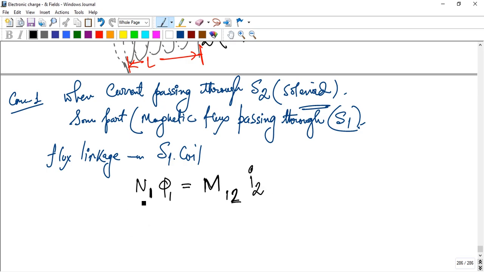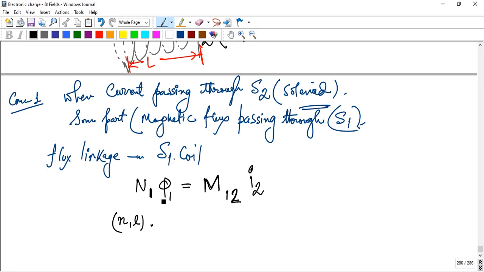Here N1 is the turn density small n1 times L, because L is the same for both coils, and phi is the magnetic field times area.